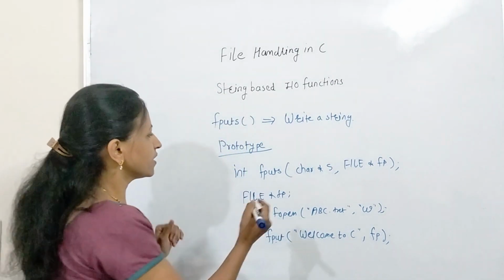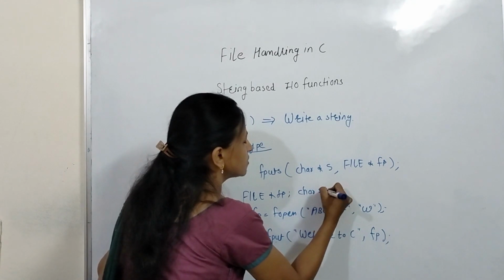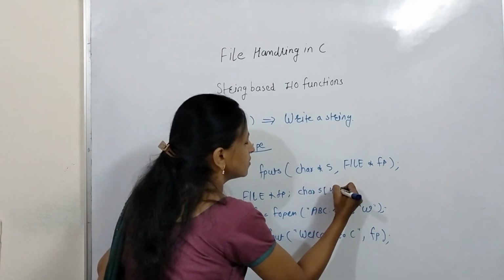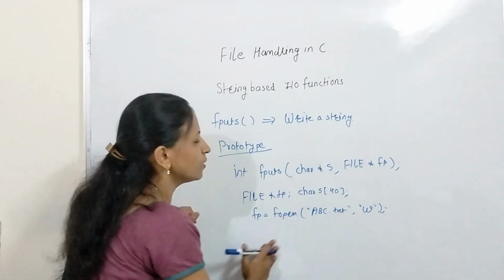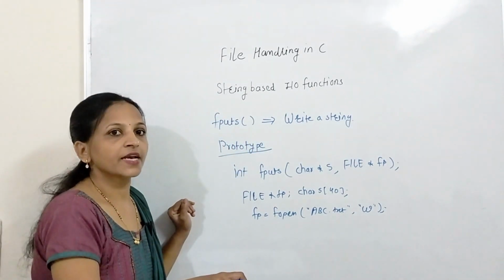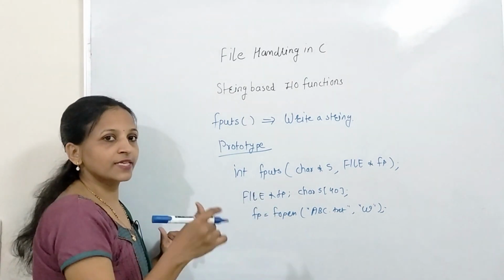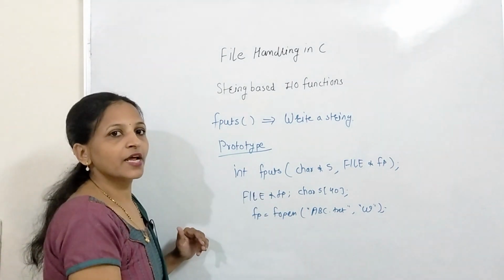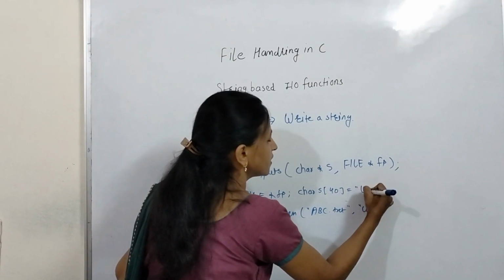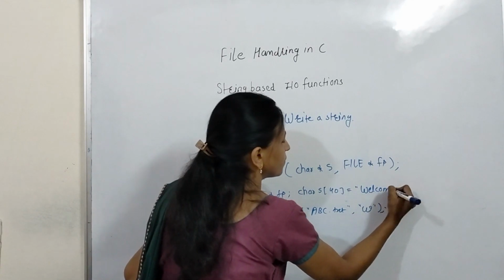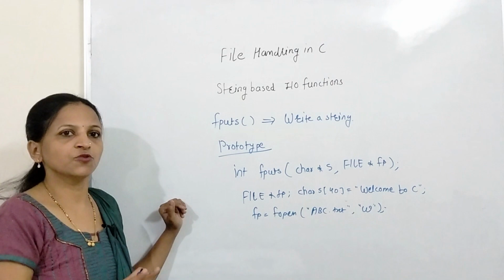Now you can again declare one character array, char s[40], and inside that you can accept any string with the help of scanf or gets function, after giving a message to the user to enter the string you want to write to a file. Here again you can initialize s, like "welcome to C", or you can accept that string from the user, anything you can do.